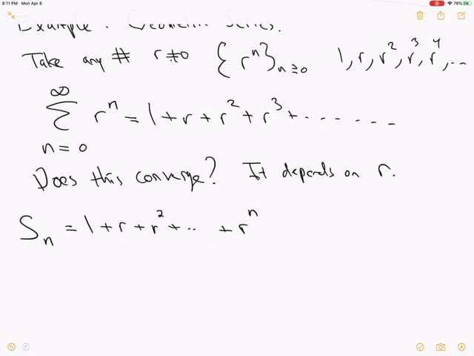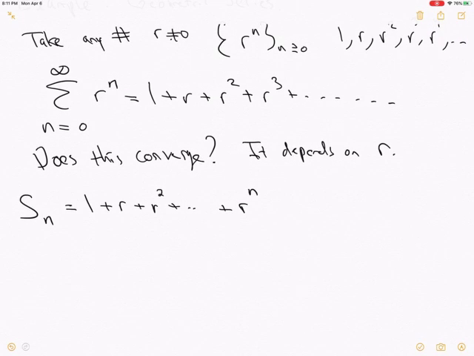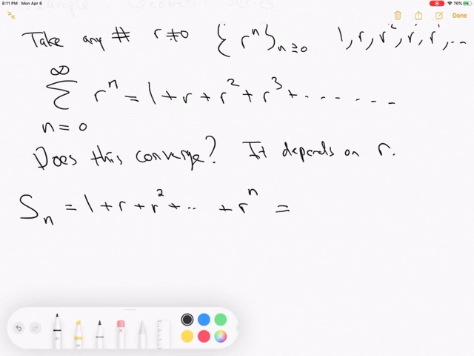So I'm going to sum up to the power of n. So there are actually n plus 1 terms, but that's okay. Everything will still be fine. And there's actually a nice formula that we can write down. To write down that formula, we just have to do a little quick calculation.